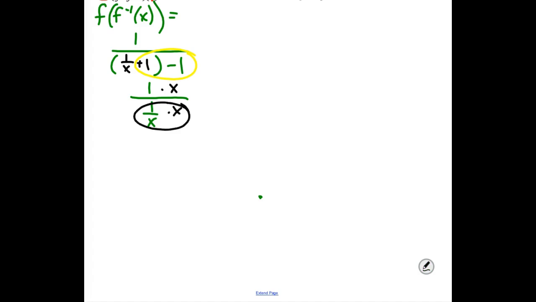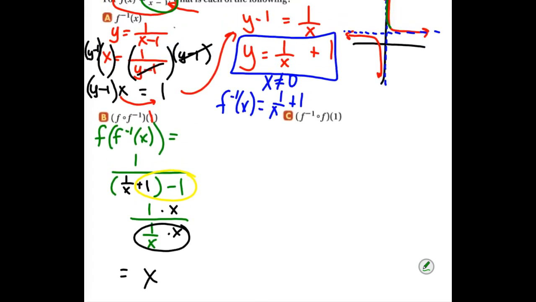This just becomes a 1, and the top becomes an x. Okay, so did it work? Did my two functions undo each other? Yes, I got a plain x. Okay. They asked me to evaluate it at 1, correct?